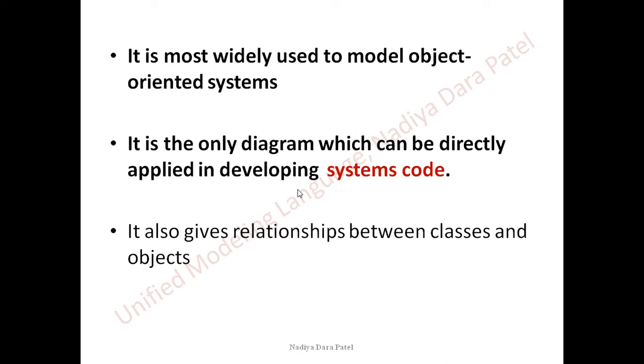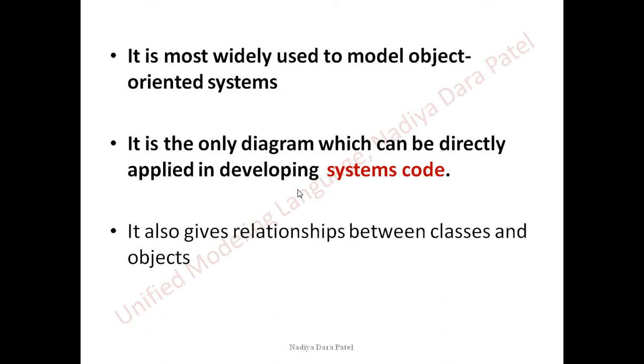This is a very important point because the class diagram is kept in the structural part, but it is actually helping us to build the code. So it is quite a contrasting kind of statement. Structure is something which is not going to change. When we say structure or static, it is not going to change.